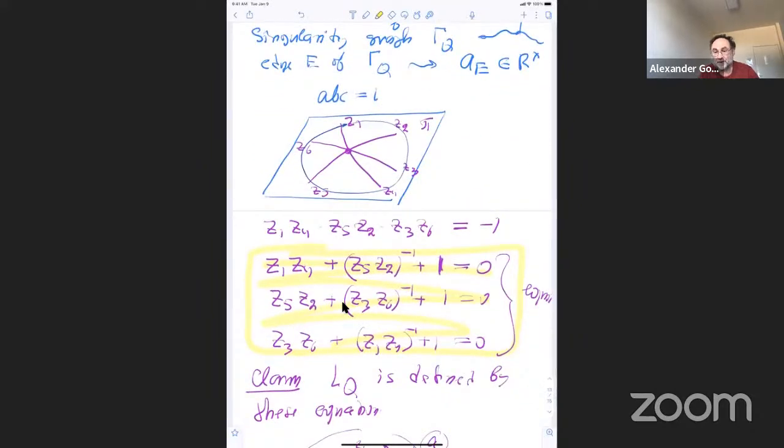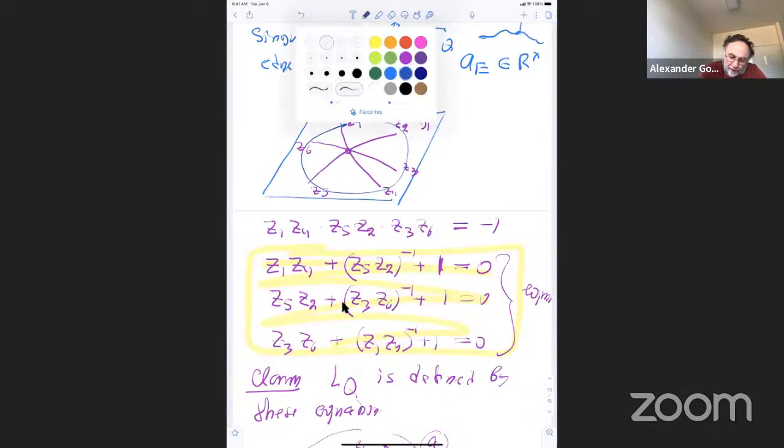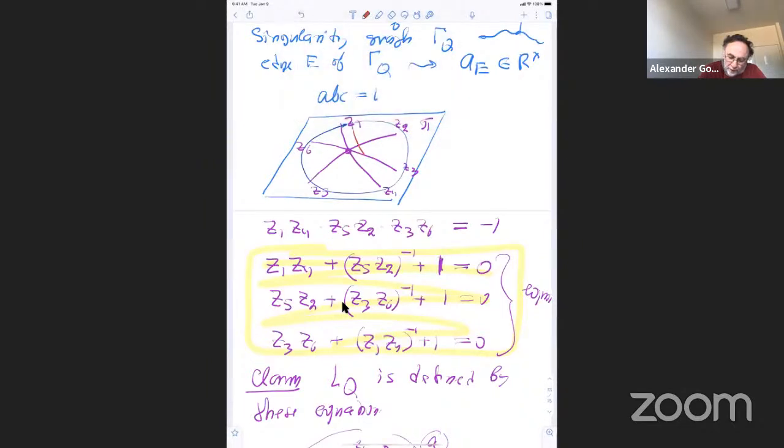So you can write the equations which define the Lagrangian in such a way that you can rotate the tetrahedron around this quadruple intersection point, and it looks absolutely the same. Look at it this way: go from Z1 to Z4, then you jump to Z5 and go to Z2, and then you jump to Z3 and go to Z1.